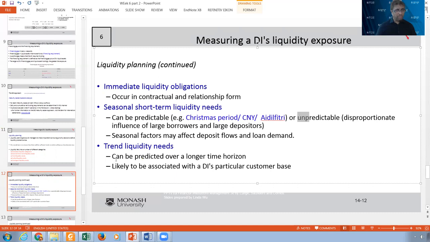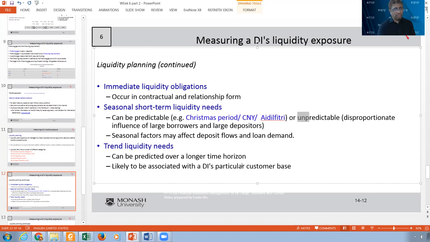Trend liquidity is just predicted over a long term, likely to be associated with the depository institution's particular customer base. If your customers are, for example, 90% Chinese, then in this case you expect Chinese New Year to bring high withdrawals.